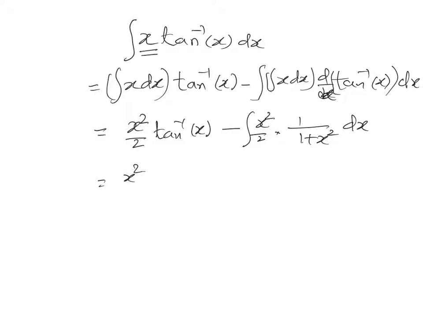This is x squared over 2 tangent inverse x minus 1/2 times the integral of x squared over 1 plus x squared, which can be written as 1 minus 1 over 1 plus x squared.